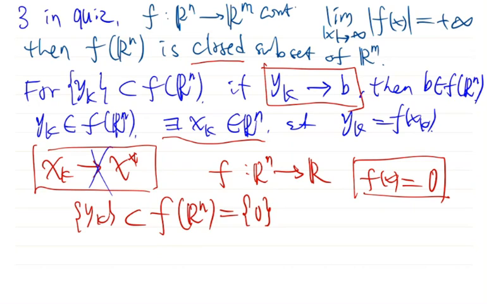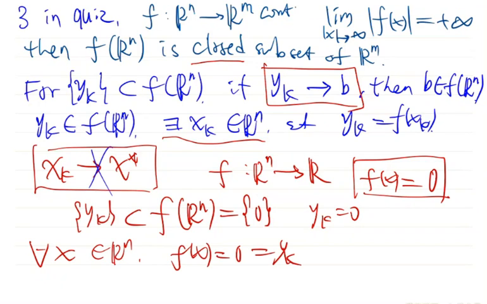That is, any sequence y_k is 0. But for any x in R^n, f(x) is 0, which is y_k. So if you could deduce from y_k converging to b that x_k converges to some point, then you would get an absurd conclusion: any sequence in R^n is convergent. Of course, this is not true.